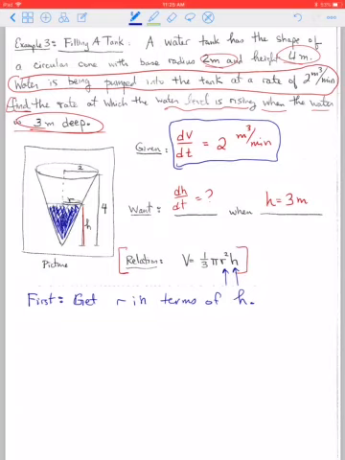And how do we do this? Well, this is where a little geometry can help. We have these two triangles. Let me draw them down here. One is a 2 by 4 triangle, and one is an r by h triangle.